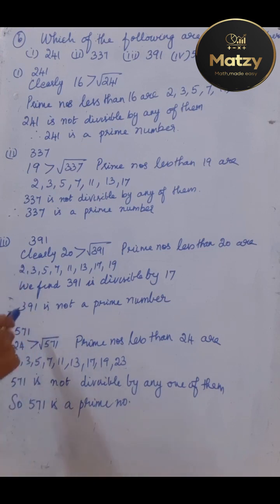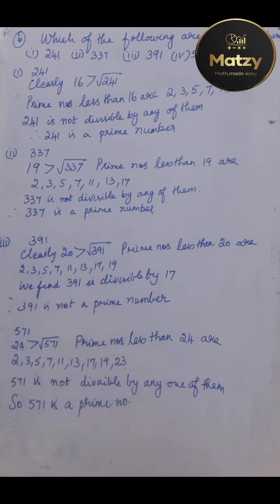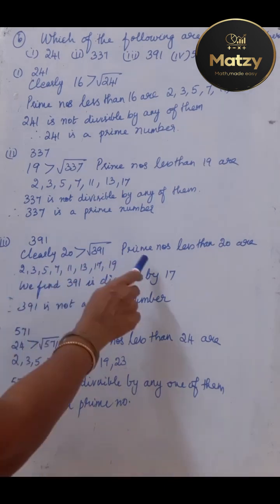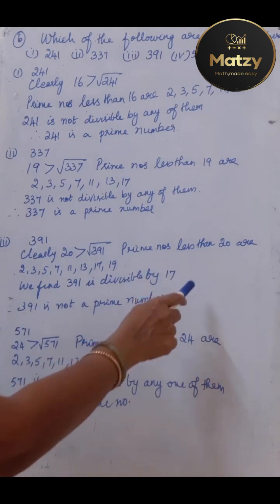Next you should do for 391. Now again you have to find out the nearest square greater than 391. That is 400 is the nearest square. Square root of 400 is 20. That 20 is greater than square root of 391. Now again you have to write all the prime numbers less than 20. I wrote all the prime numbers.